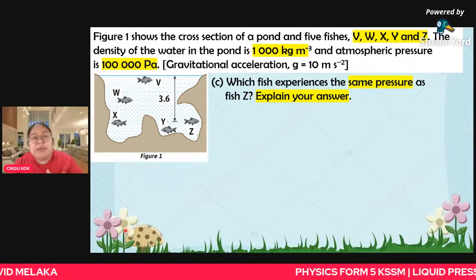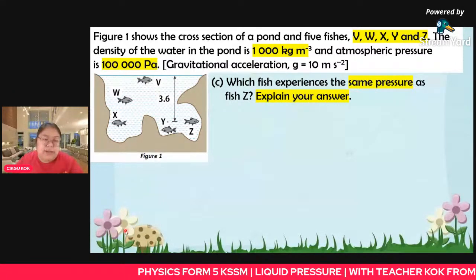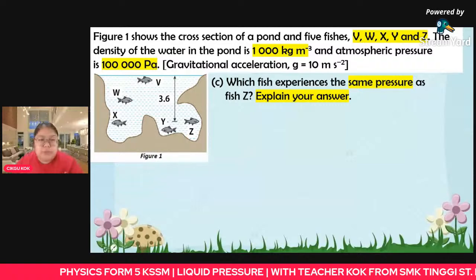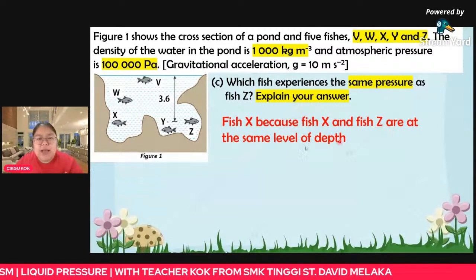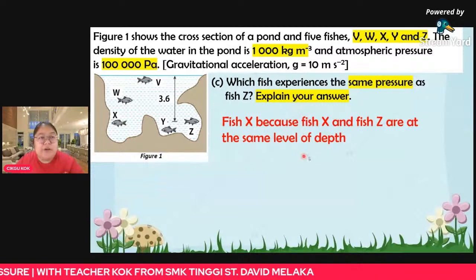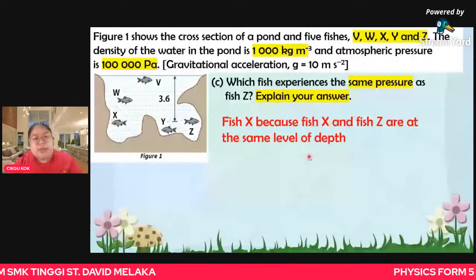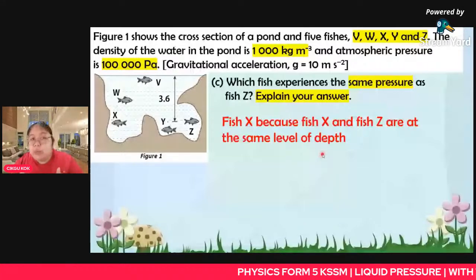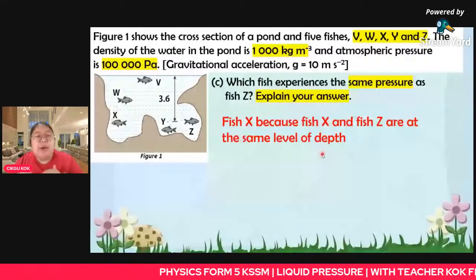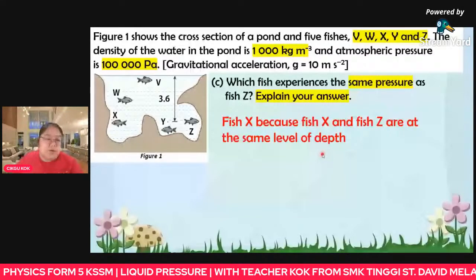Same level means they get the same pressure. So we are going to see the explanation: fish X, because fish X and Z are at the same level of depth. Okay, everybody is correct. So from here we understand that at the same level in the same liquid, the pressure should be the same. Then we go on to the next one.